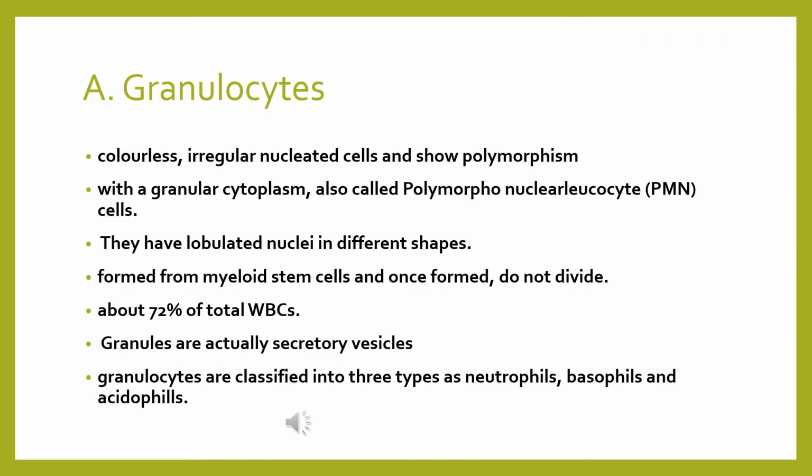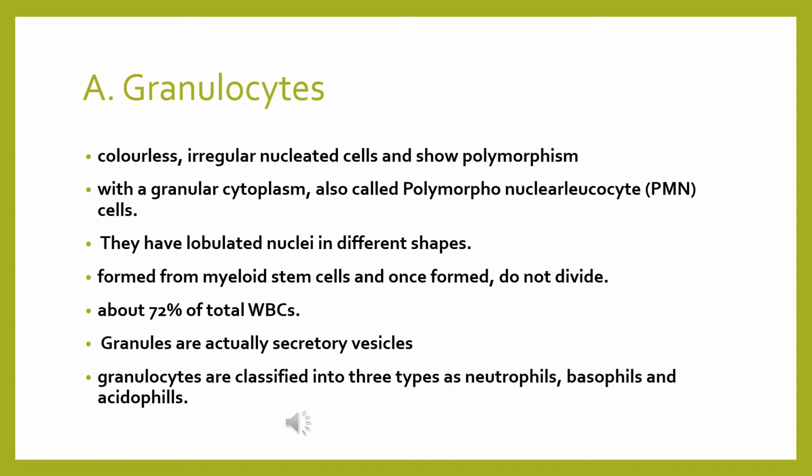Granulocytes. These are the colorless, irregularly nucleated cells with polymorphism, means it exists in a variable form. These types of WBCs are with the granular cytoplasm and the nucleus is of a different shape. That's why it is also known as polymorphonuclear leukocytes or PMN cells.